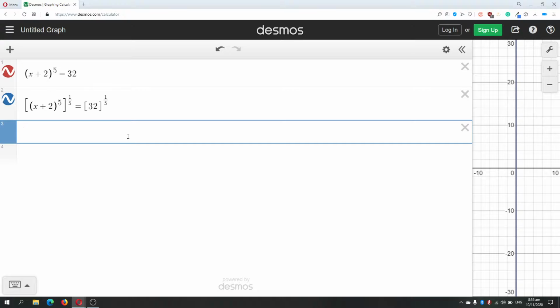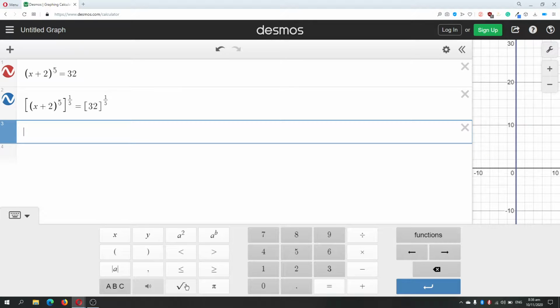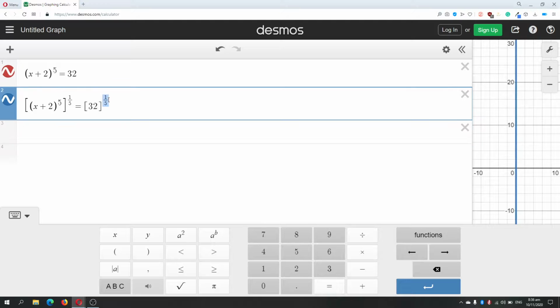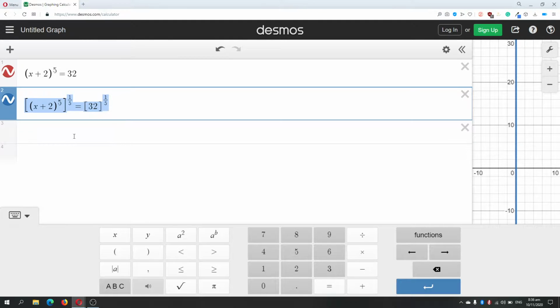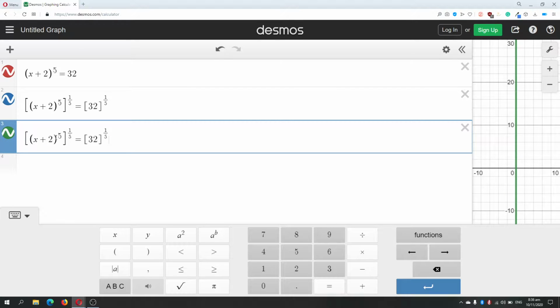So kailangan gamitin din natin siya. If we are using the same exponent, parehas na sila both on left and right side, let us simplify. 5 multiplied by 1 over 5 is 5 over 5, so it is already equal to 1.